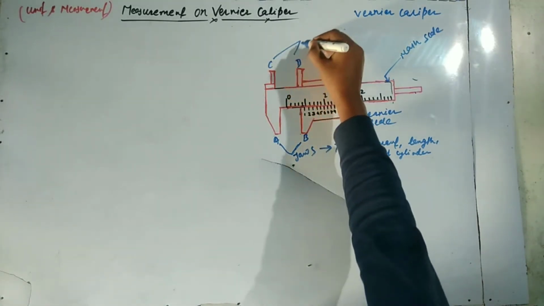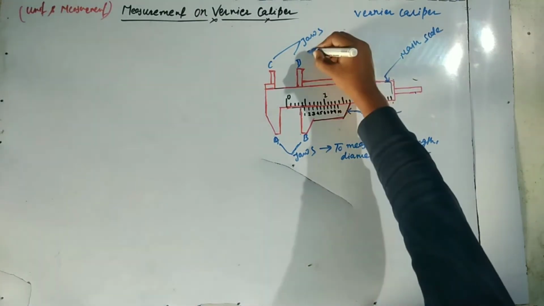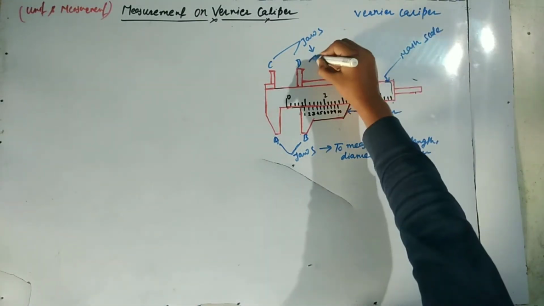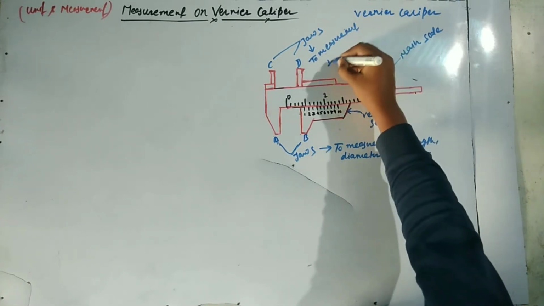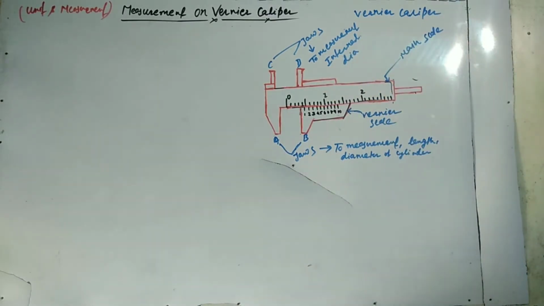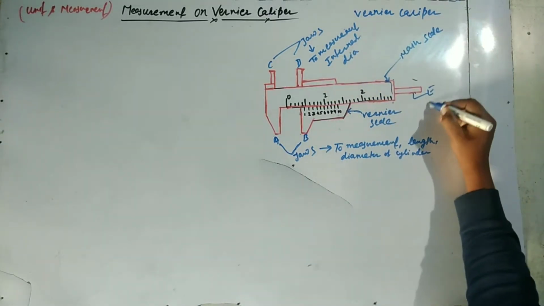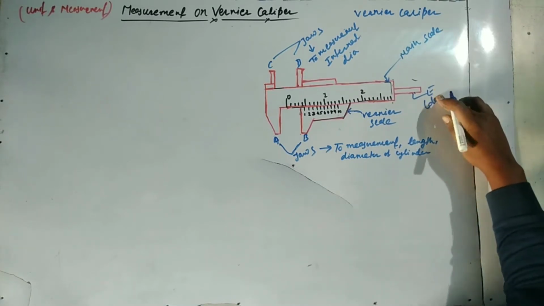Next are C and D. These are also two jaws, and they measure the internal diameter. In the last part, E, it is called the depth gauge.